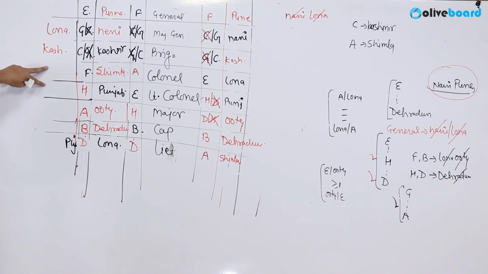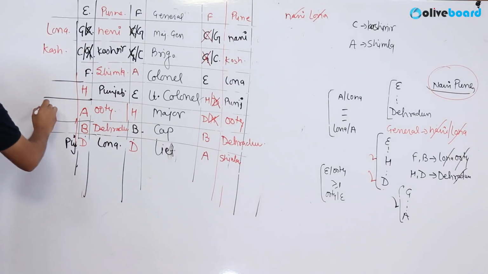And one more point, your Dehradun was below the E, and E would be somewhere here, and one more point was we were having more than 2 persons between E and OT. So what we can have is the best possible case, I have put it this one.